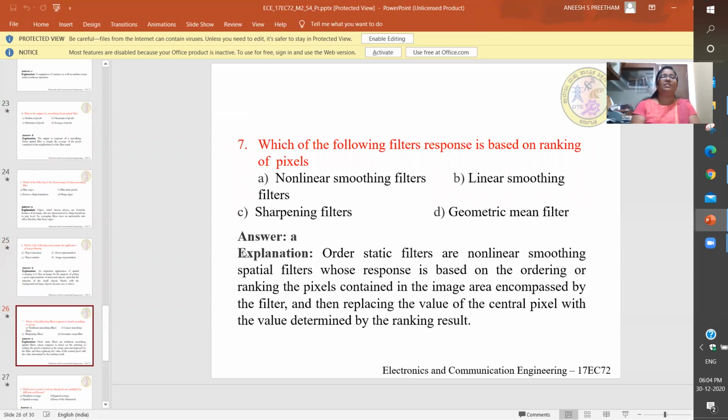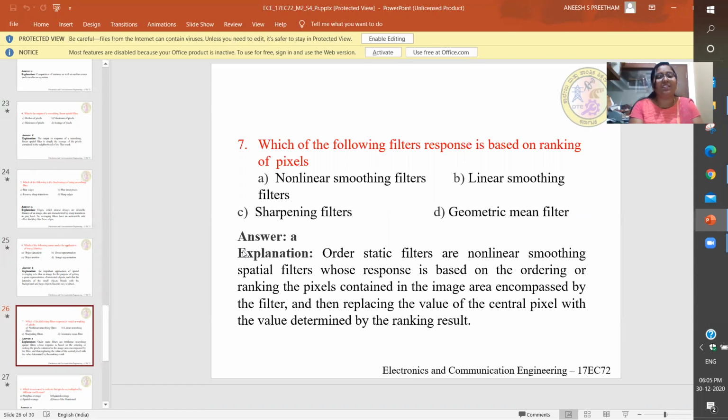So next question, which of the following filters response is based on ranking of pixels? Is it a non-linear smoothing filter? Is it a linear smoothing filter? Sharpening filters or geometric mean filter? Obviously, it's a non-linear smoothing filter.